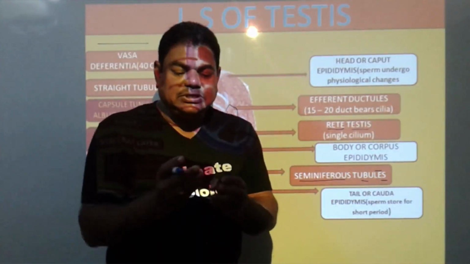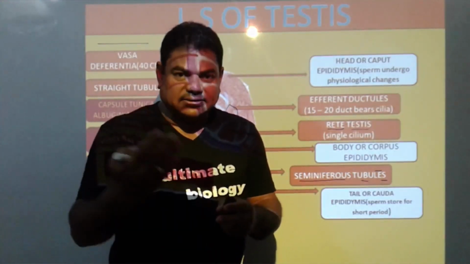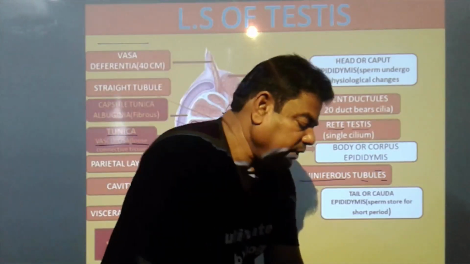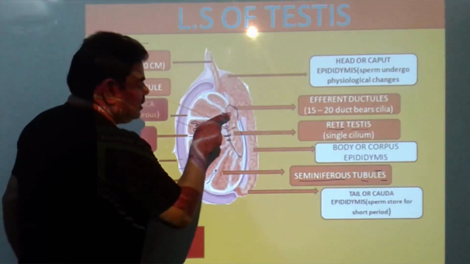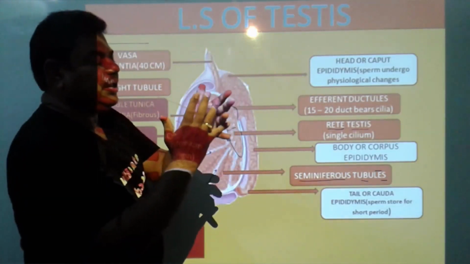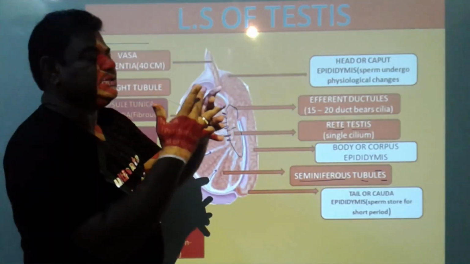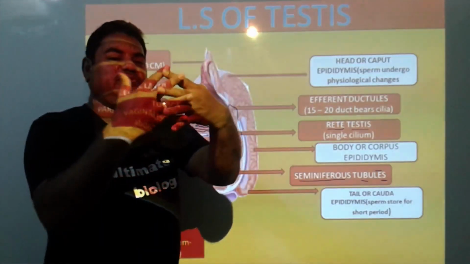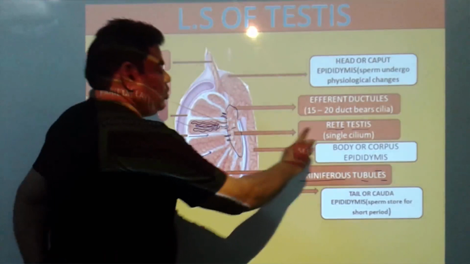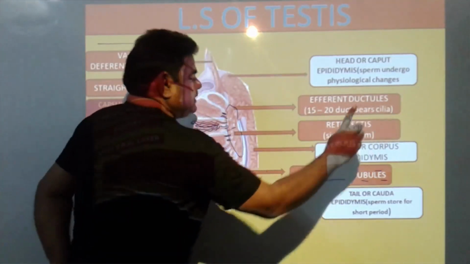Reticulate means net, so in this portion all these tubes come outside, entangle with each other, and form a net, which we call the rete, due to which the name rete testis is given.